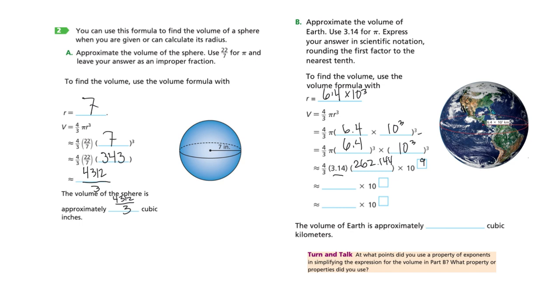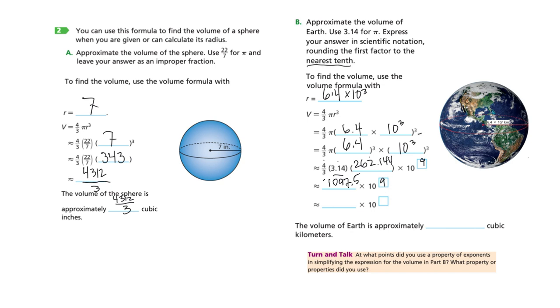Then when you multiply 4 times 3.14 times 262.144 and divide all that by 3, you get 1,097.5, and it's actually 1,097.50955, but remember, they said round the first factor to the nearest tenth. So that's going to be times 10 to the ninth.